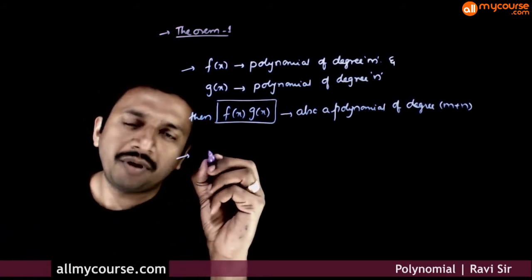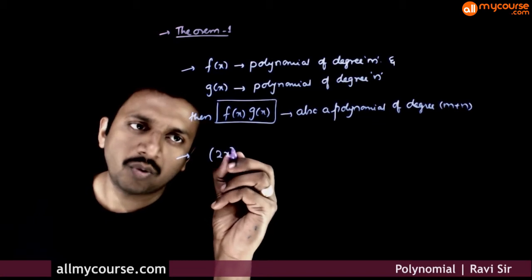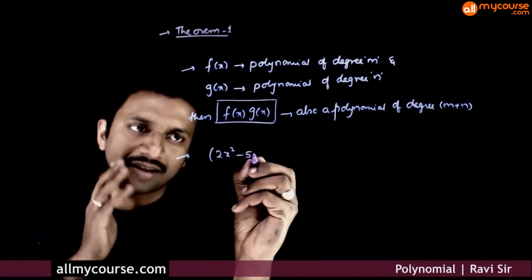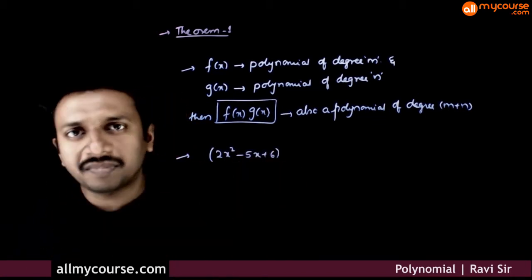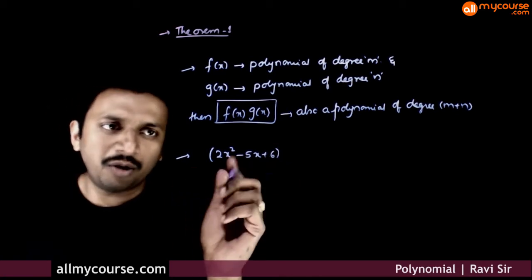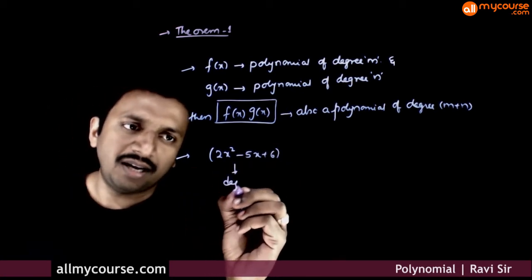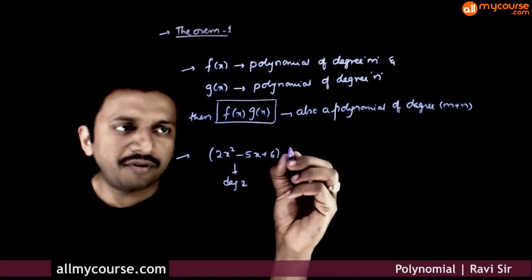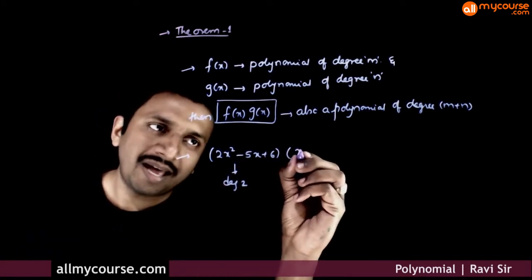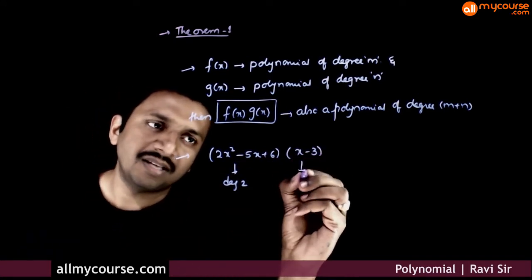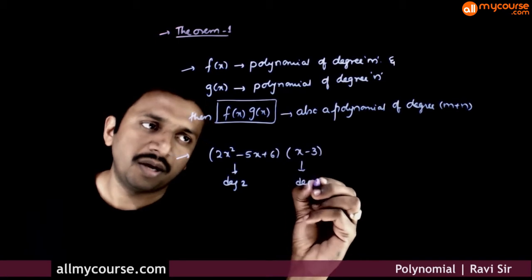So for example, if you have a quadratic 2x square minus 5x plus 6, we have a polynomial of degree 2. And if you have x minus 3, this is a polynomial of degree 1.